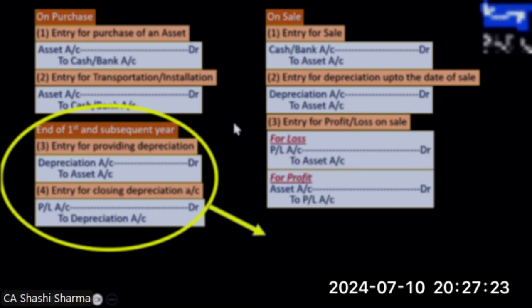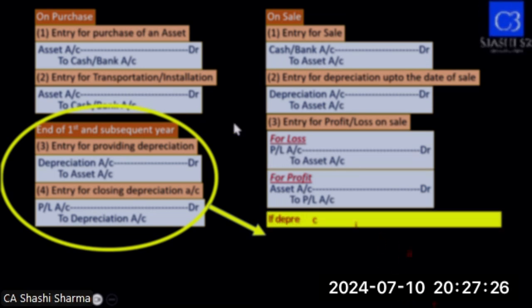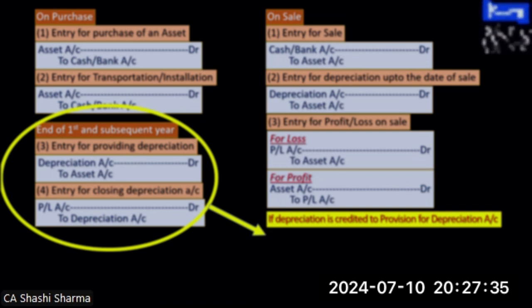There is yet another method in which depreciation is not credited to the asset account. A separate account known as provision for depreciation is kept in our books. This account is also known as accumulated depreciation account.